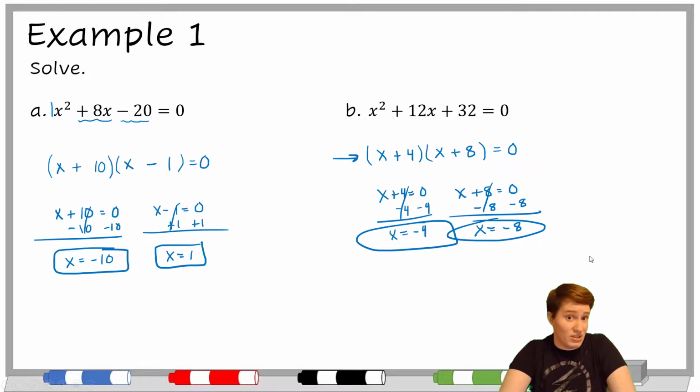So hopefully that's all well and good. This is a thing where we're going to learn how to do this with any quadratic equation, because there's lots of quadratic equations that you cannot factor. So this is very situational: if we look at a quadratic equation and we notice that we can factor it, then it's actually the fastest way to solve it.